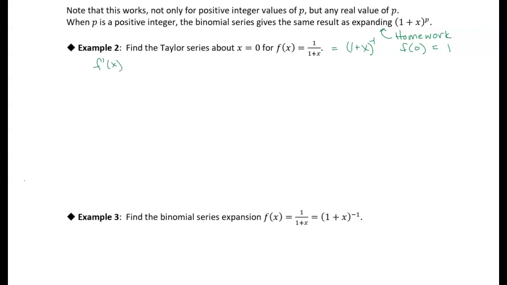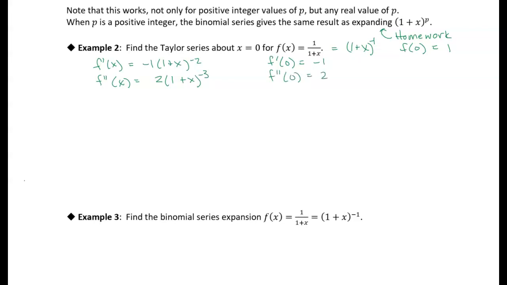The first derivative of the function is minus 1 times 1 plus x to the minus 2. When we put in 0, f prime of 0 is equal to minus 1. The second derivative is going to be 2, so minus 1 times minus 2, 1 plus x to the minus 3. We plug in 0, and we get 2.